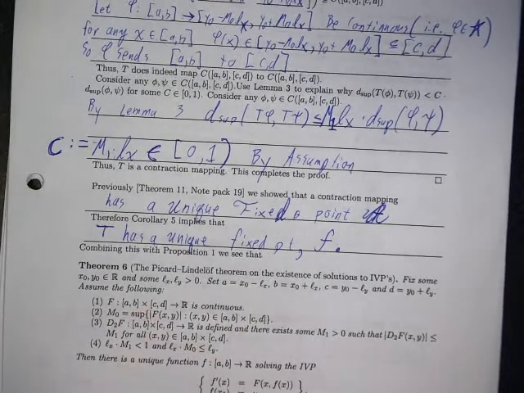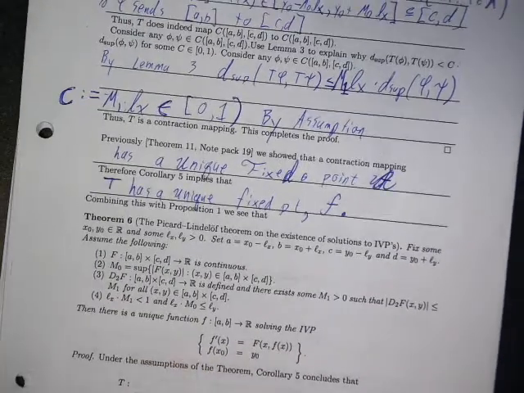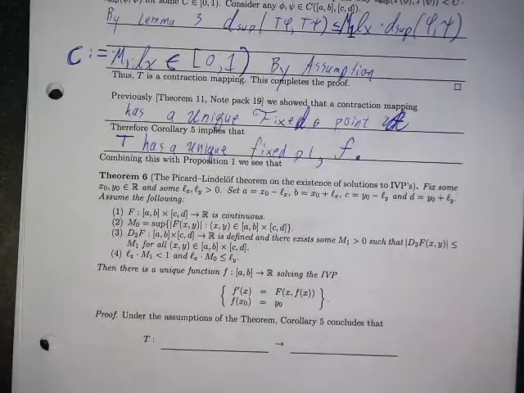Assume the following, which are the assumptions in the corollary. You can double check by flipping back. Then the conclusion is there is a unique function defined on the closed interval from A to B to R, which solves this initial value problem.